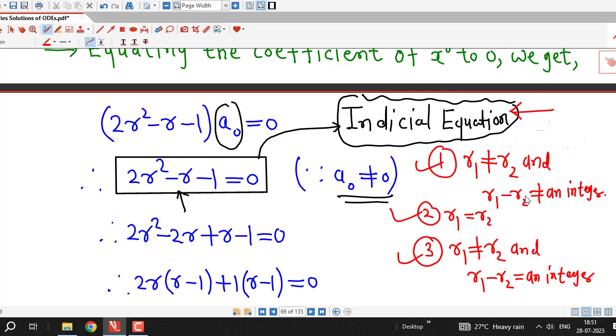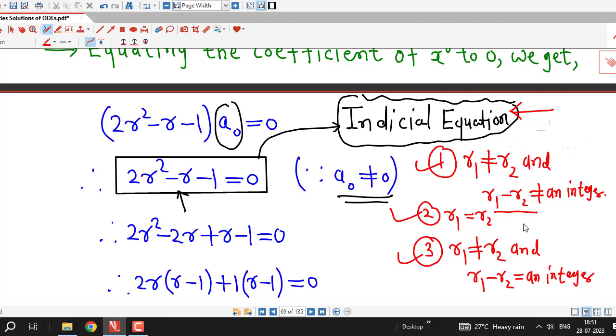But if R1 and R2 are different, then also there are two possibilities, that their difference is not an integer and their difference is an integer, and in each case we are going to have different criteria to write down the Frobenius series solution, and we are going to discuss all these three cases with different examples separately.